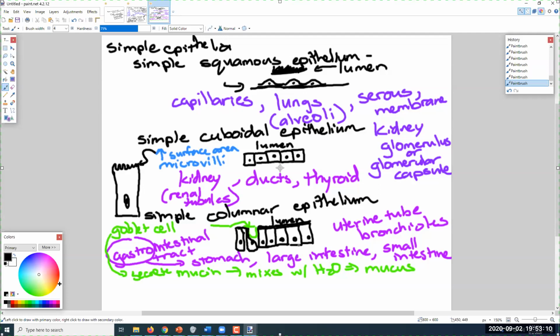Okay, one more, and we kind of mentioned this earlier on. This is the pseudostratified columnar epithelia. And the pseudostratified columnar epithelia looks like multiple layers, but in reality, they all connect to the basement membrane here.